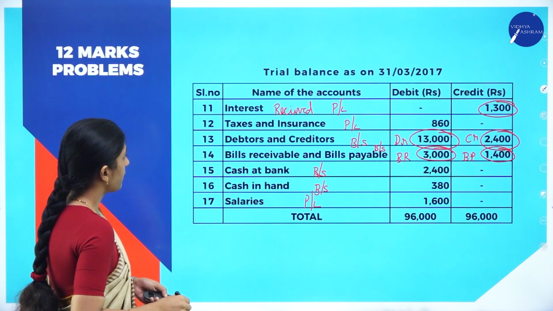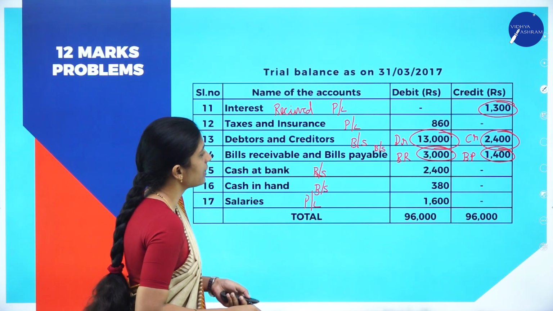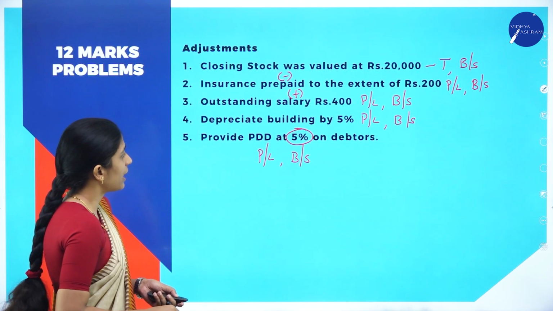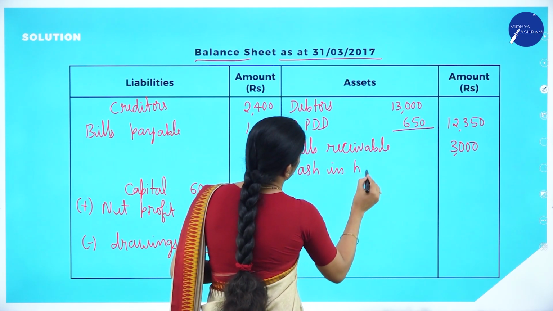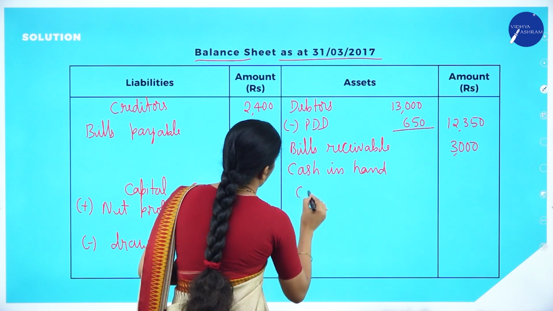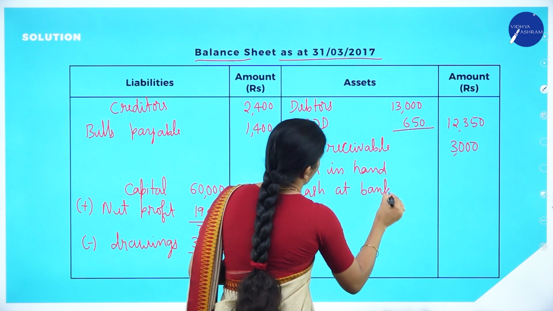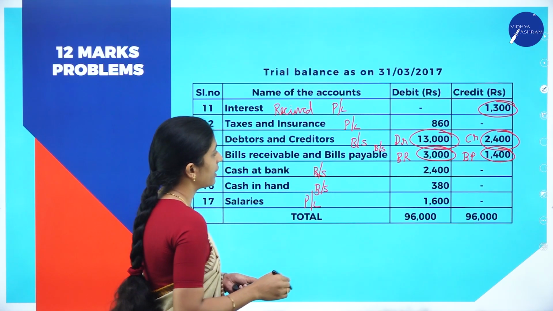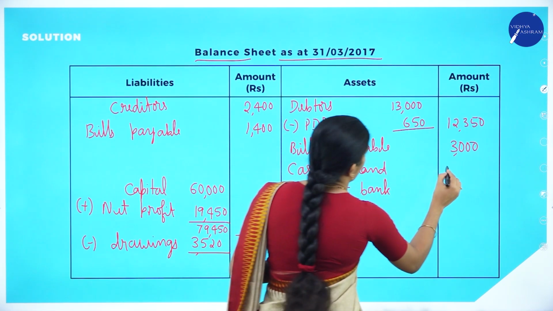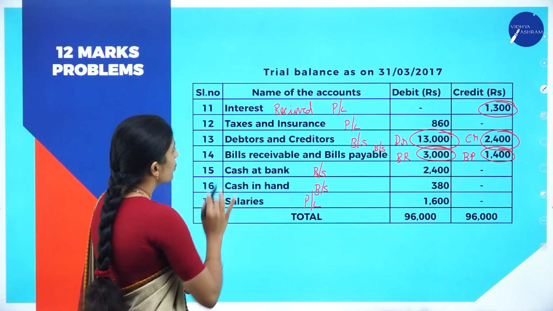Next, bills receivable and bills payable done. Cash at bank 2,400, cash in hand 380. So these both are assets, cash in hand and cash at bank. So 2,400 and here 380. So we are done with this.